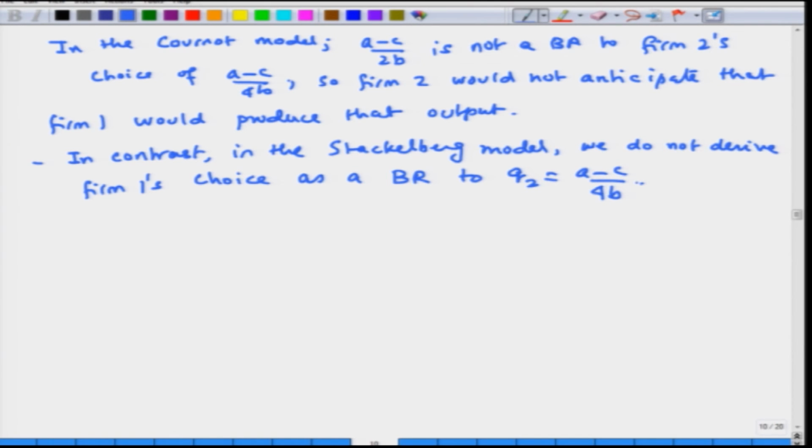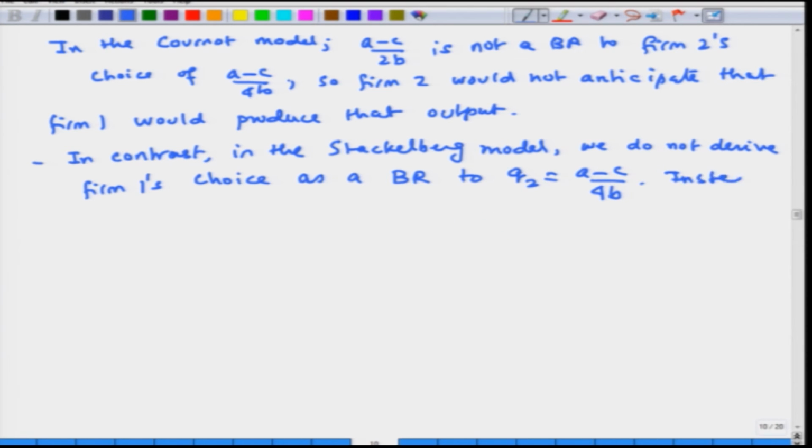What we did in the Stackelberg model was we incorporated, so firm 1 incorporated the entire best response function of firm 2 into its objective function and then solved the constrained optimization problem, right. So, it is as if firm 1 is maximizing its profit subject to firm 2's output being on its best response function, right. So, in contrast in the Stackelberg model, we do not derive firm 1's choice as a best response to Q2.